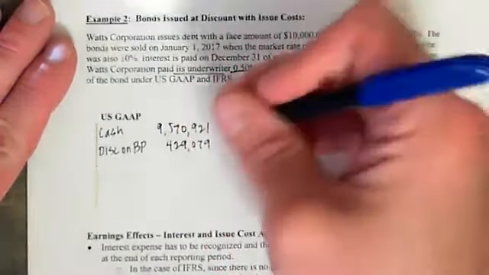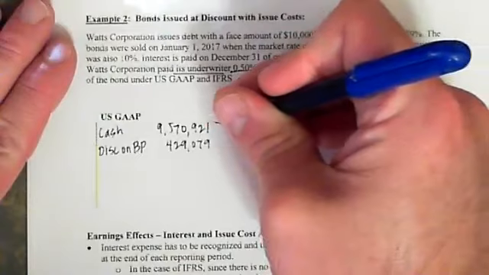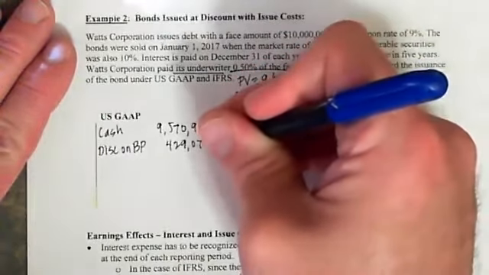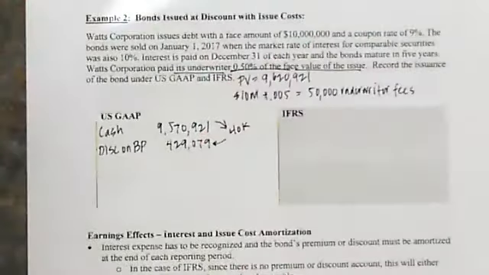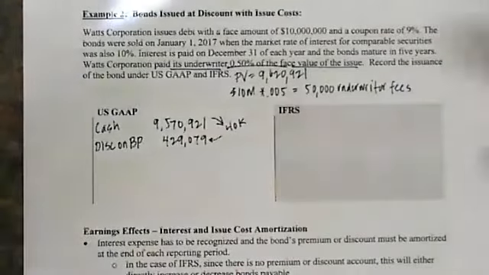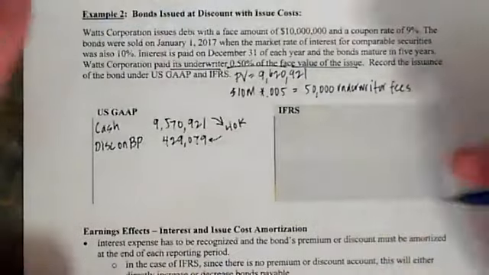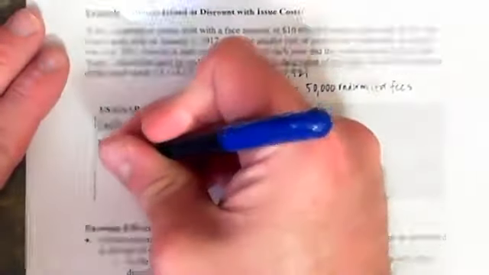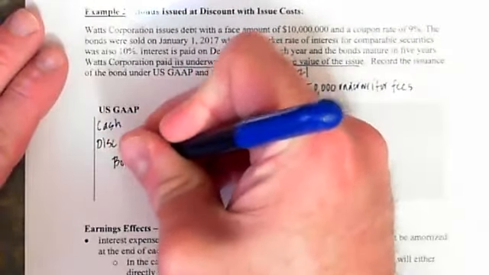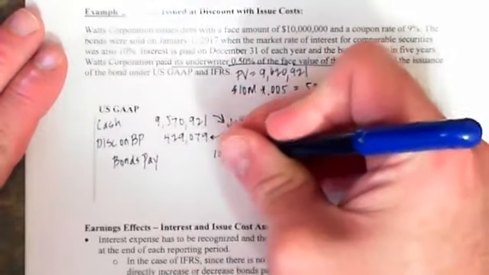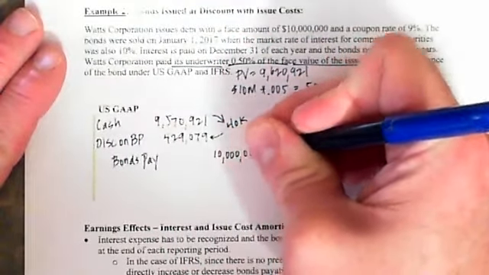So in essence, what we've done is we've just moved $50,000 off of cash and put it into the discount. Now, what that's going to do overall is increase my interest expense over time, because I've spent $50,000 more cash in placing these bonds by triggering those issue costs that are external to the firm. My bonds payable is still going to be at its face value of $10 million.